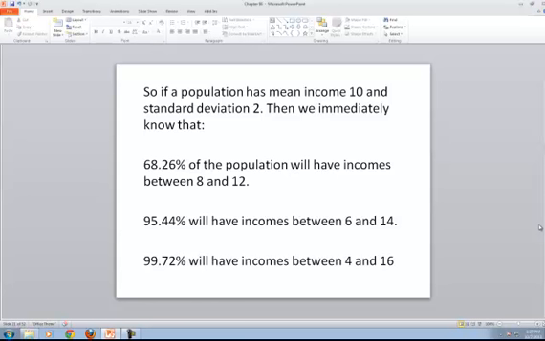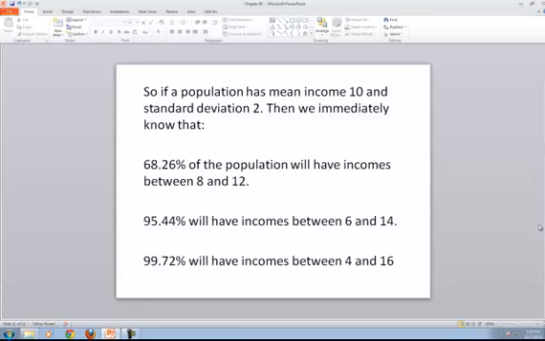Similarly, following from the previous slide, 95.44% of the population will be between plus or minus 2 standard deviations from the mean. Remember, the standard deviation is 2. Hence, 2 standard deviations is 4. 4 plus 10 is 14. 10 minus 4 is 6.